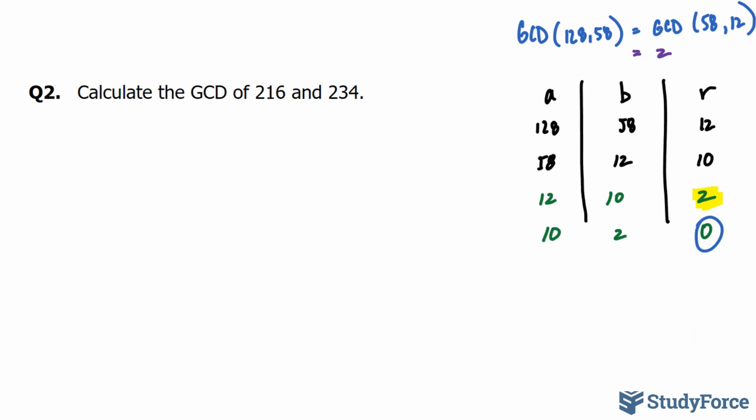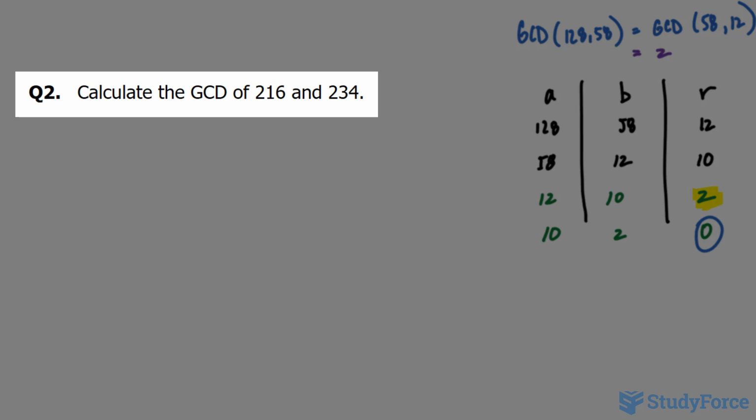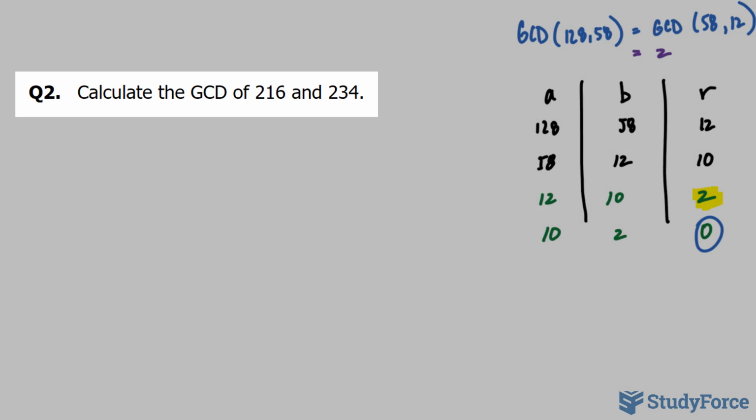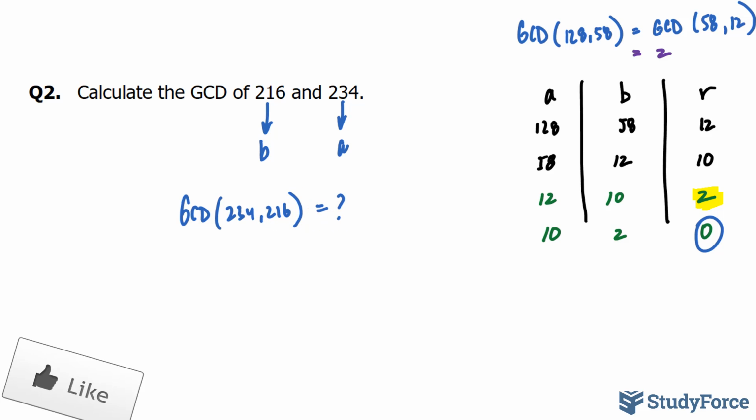Let's apply this technique one more time for question number 2, which asks us to calculate the GCD of 216 and 234. Of these two numbers, this is the larger, so I'll call it A, and that's the smaller, I'll call it B. So we're looking for the GCD of 234 and 216. We'll set up a chart just like before.